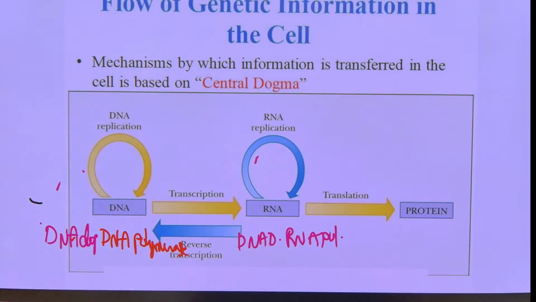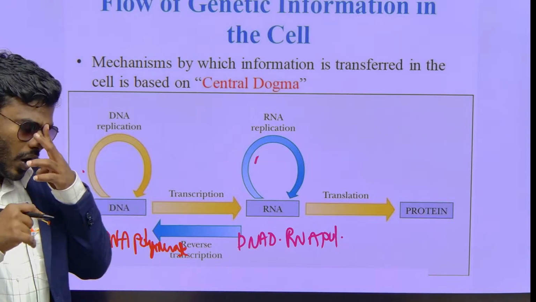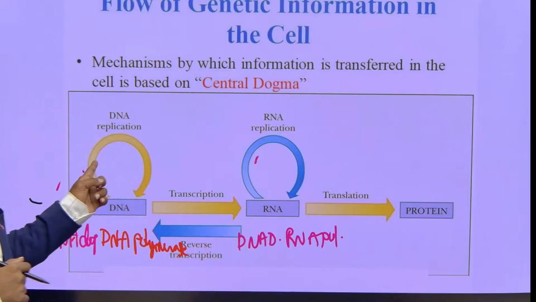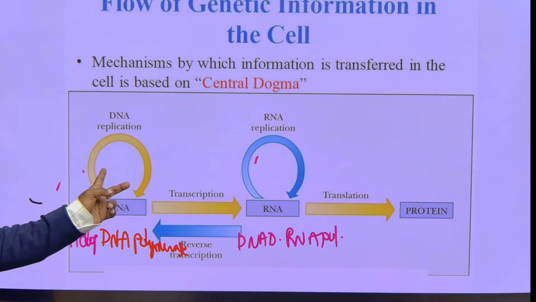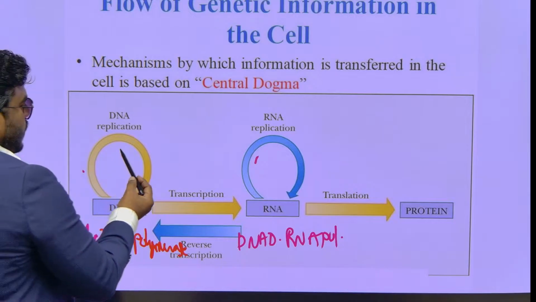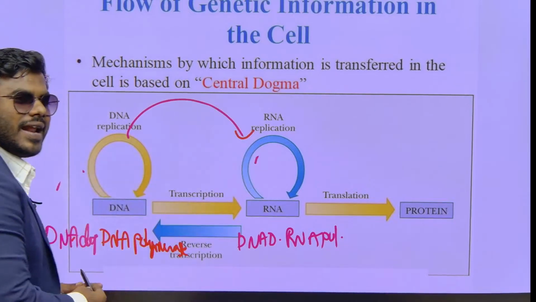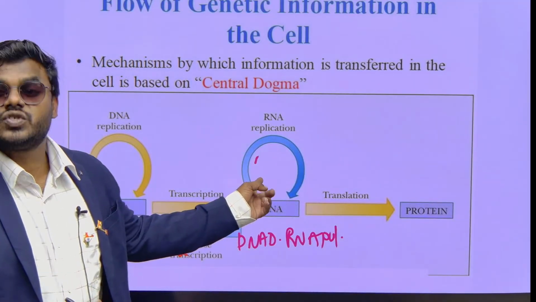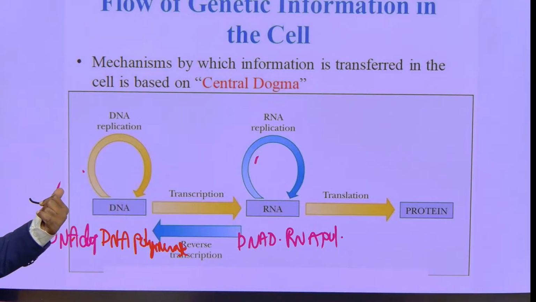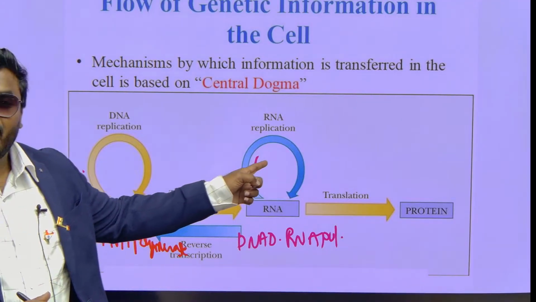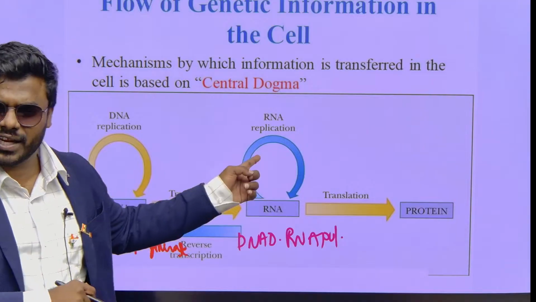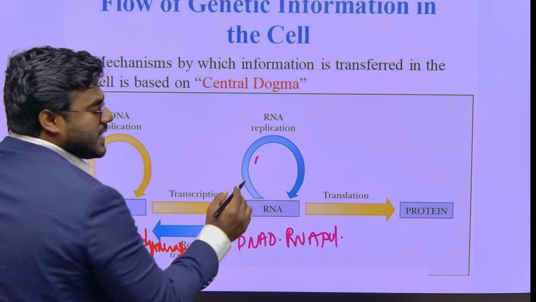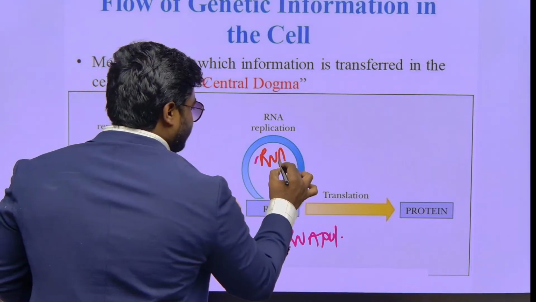Now, you have read multiple times that all organisms except a few viruses have DNA as their genetic material. Which means by using DNA they can synthesize RNA. But there are viruses in which RNA is the genetic material, not DNA. Which means that time RNA also undergoes replication. So there is a requirement of an enzyme. What enzyme? RNA polymerase itself.